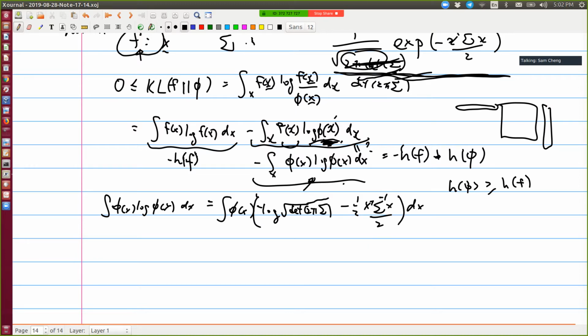So this is equal to the sum over i, j of x i, sigma inverse ij, x j, something like that. I'm just expanding this here. And the 1/2 I can put out here.